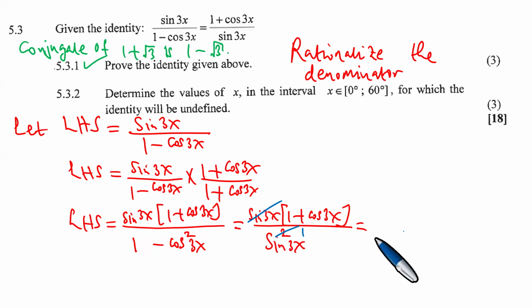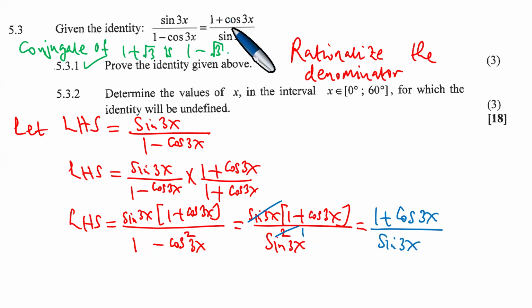So it's going to cancel one of them, giving 1 plus cosine 3x, all divided by the sine of 3x, which is this one. And this is equal to the right-hand side. So we've got 1 plus cosine 3x over sine 3x.